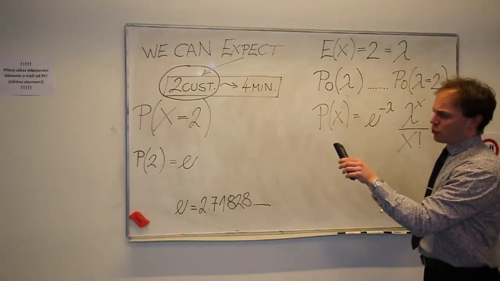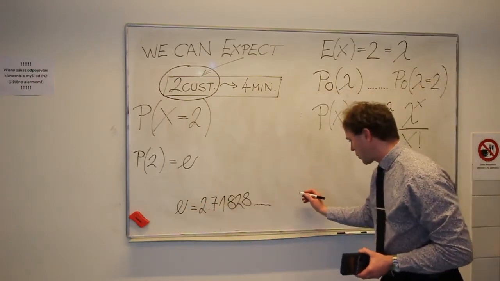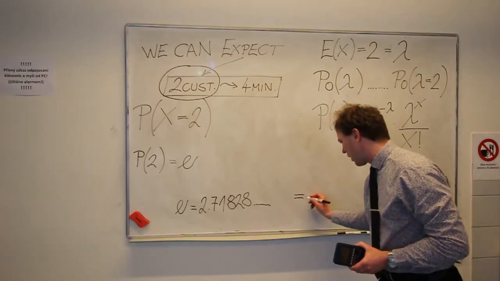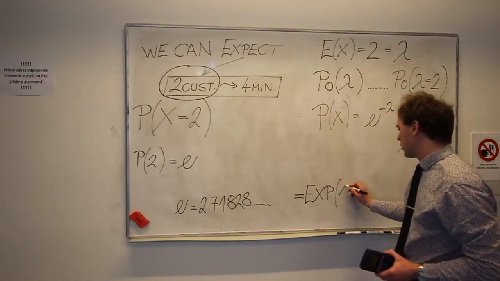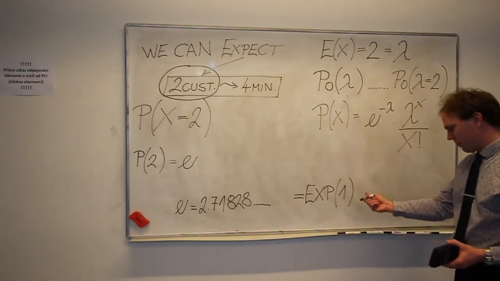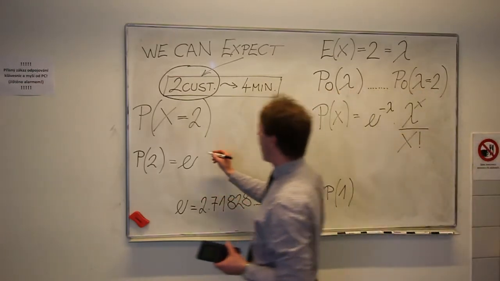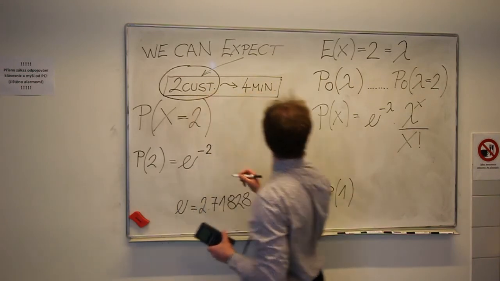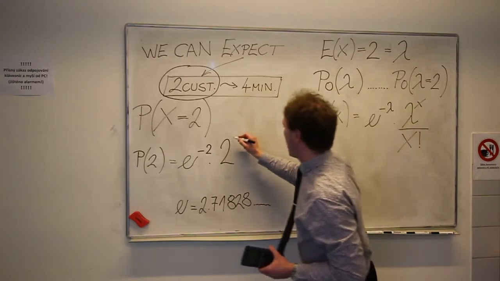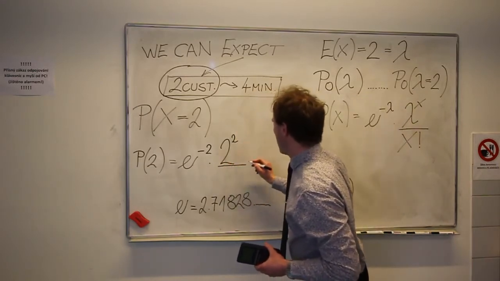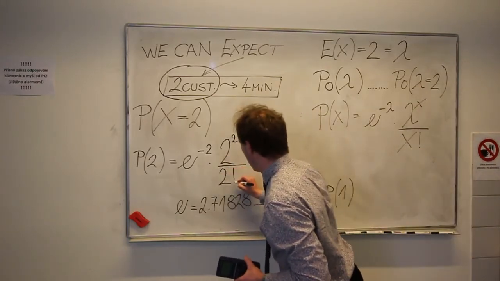So it's necessary to use either a calculator with this Euler constant, or in Microsoft Excel you can write equal sign, exponent, yes, exponent powered by 1 and enter, and you will see this Euler constant. So Euler constant powered by minus lambda times lambda powered by x, powered by 2, divided by x factorial, 2 factorial.